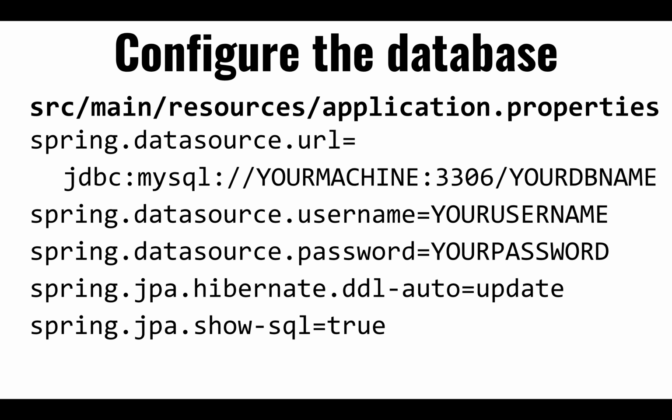JPA can do for you is to look at your Java classes and see that you have users and modules and courses, and you have all these Java classes hanging around. And what it could do is explore the schema for your classes and say, oh, you have all these fields of these particular data types.